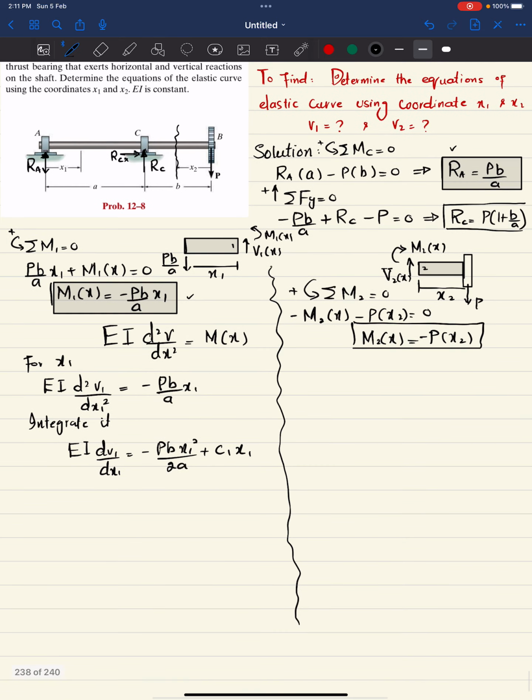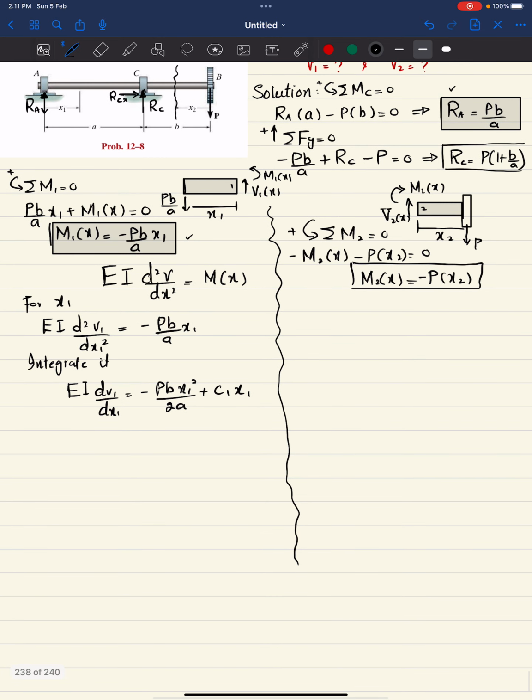Okay, if you divide EI on both sides, you will get dv1/dx1 equal to 1/(EI) multiplied by minus Pb x1²/2a plus C1 x1. Let this be your equation number 1.